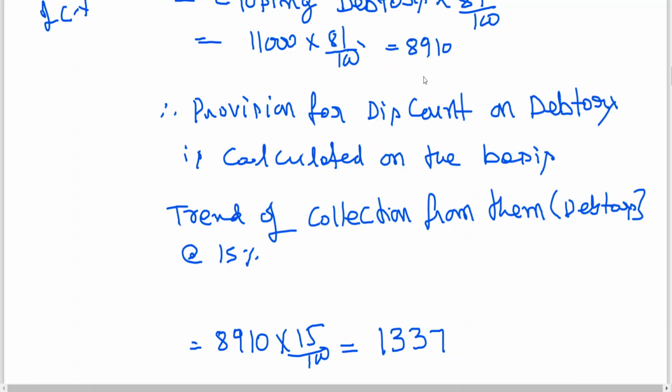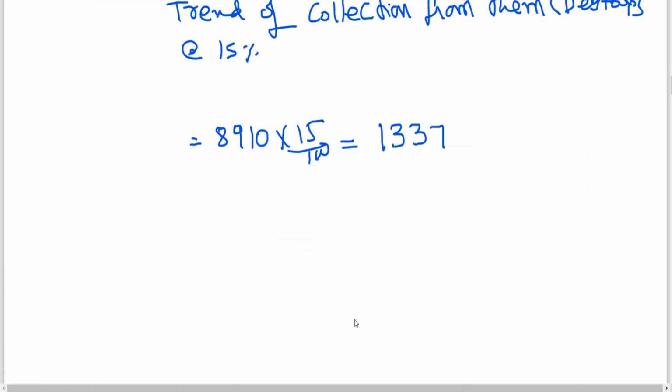This is the amount you are expecting in the next year, basing on the current year trend. If they make payment of 8,910 immediately, you want to give them a concession of 15%. So 8,910 into 15% is coming to 1,337. This is an important, very old problem which came in the examination.